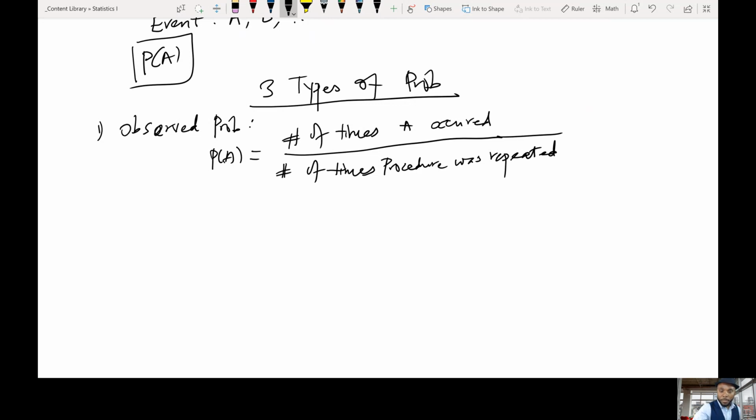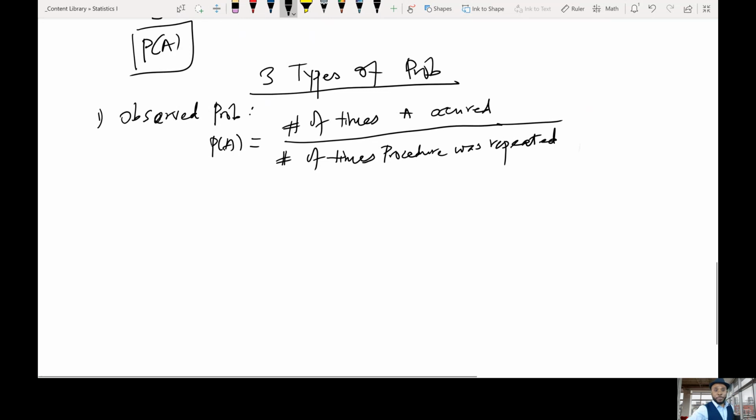So that's how you determine the observed probability. This tells us what did happen. You're doing something and it tells us what did happen.